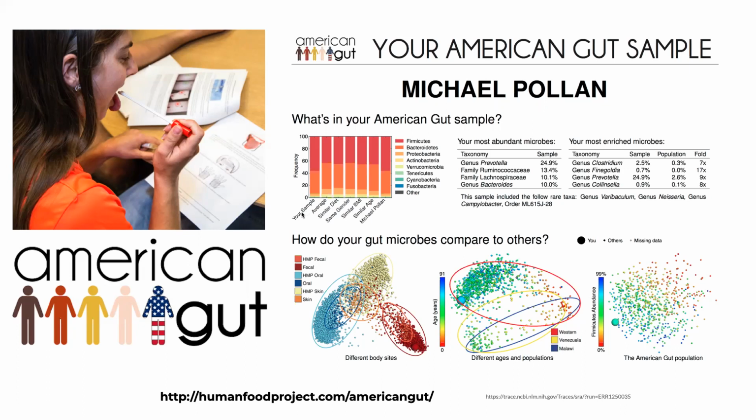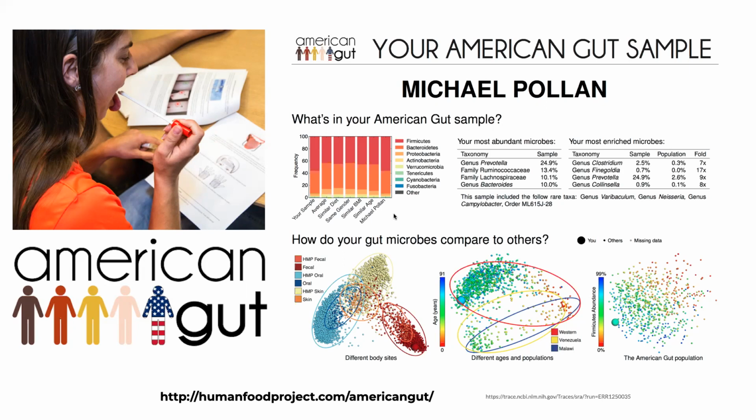So this is how your sample compares to everybody else's, so you can understand how normal you are or how comparable you are to other people your age, etc. This is a very interesting citizen science project because it leverages the citizens, so us, that contribute samples to a real scientific study, and scientists are able to infer what is normal at a very detailed level.